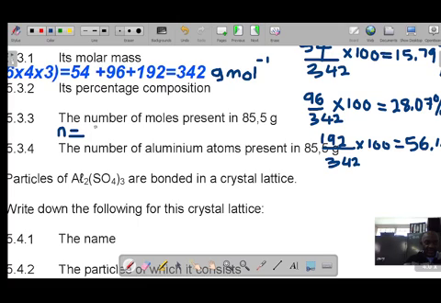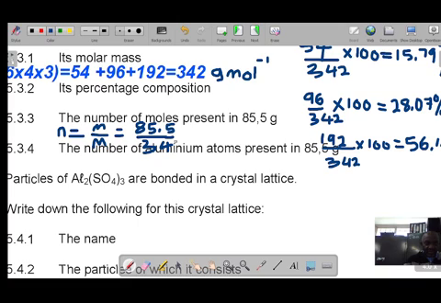This is the formula here: mass over molar mass, where this is now capital M. So it's going to be 85.5 divided by 342.